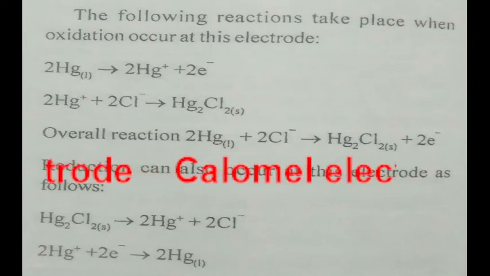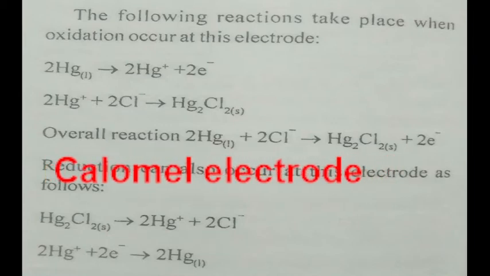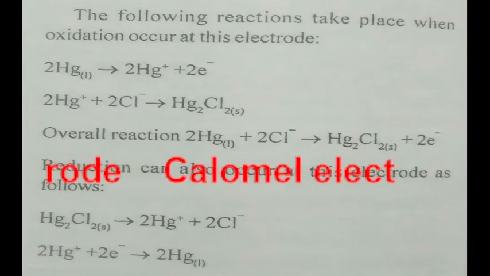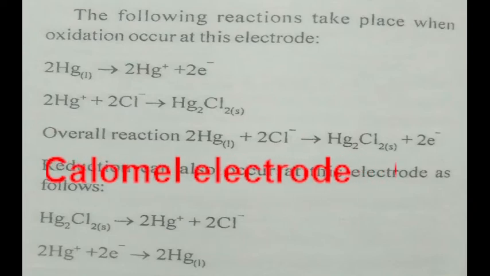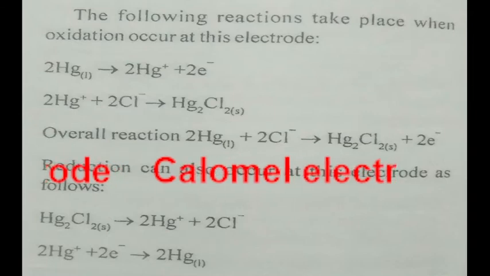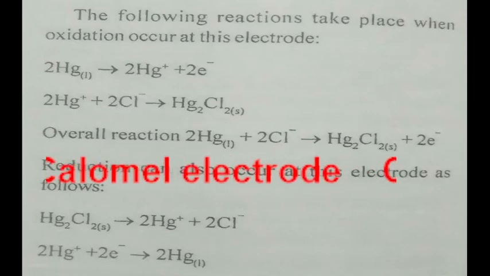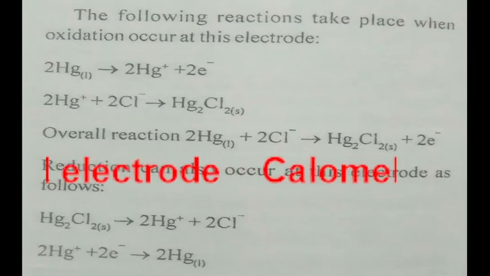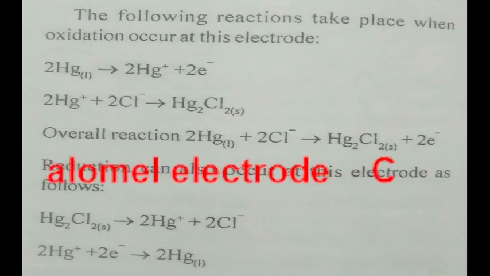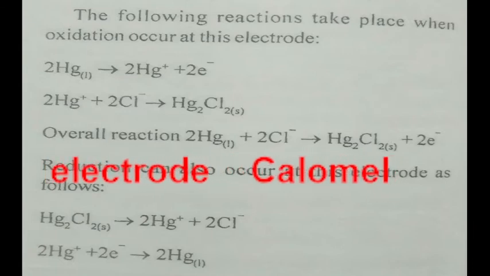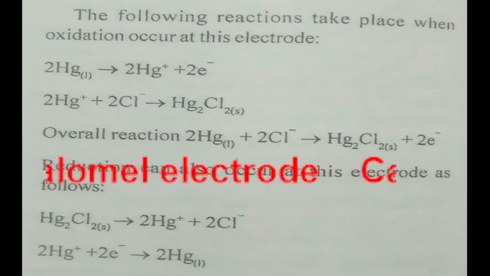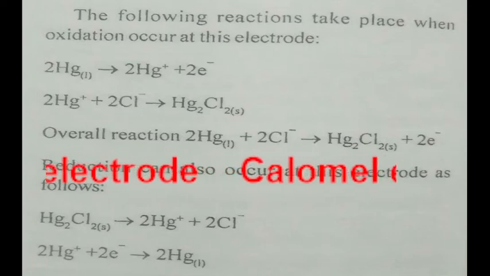You know, mercury occupies the lowest position in the electrochemical series. It does not occupy the middle or top. It has very low activity, so most probably it undergoes reduction reaction. Very little chance to undergo oxidation. Anyway, this is the reaction possible in Calomel electrode, either oxidation or reduction. So that's all about a particular Calomel electrode.